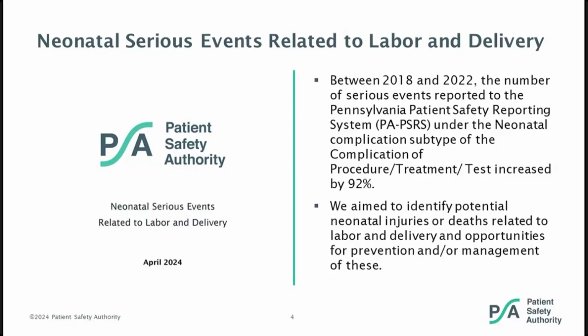I'm going to talk today about the results from the neonatal serious events report that was distributed in April of this year, that led us to then work with ECRI to review shoulder dystocias more closely using the safe tables and working with the PA facilities.